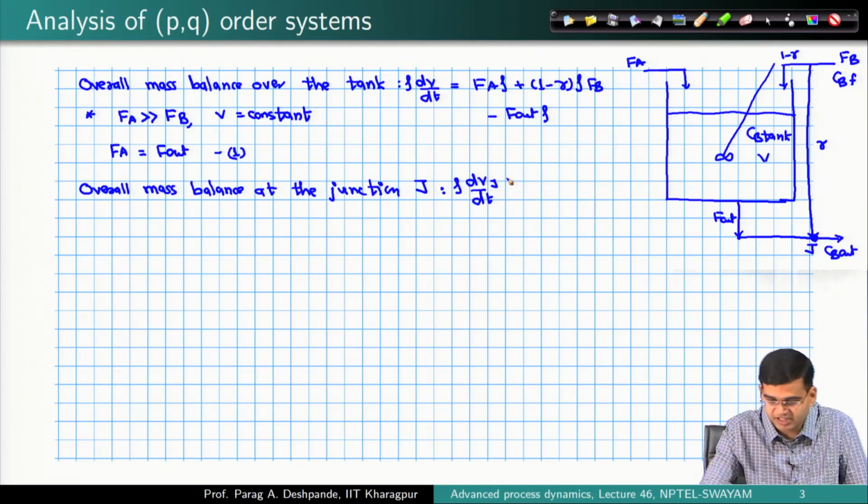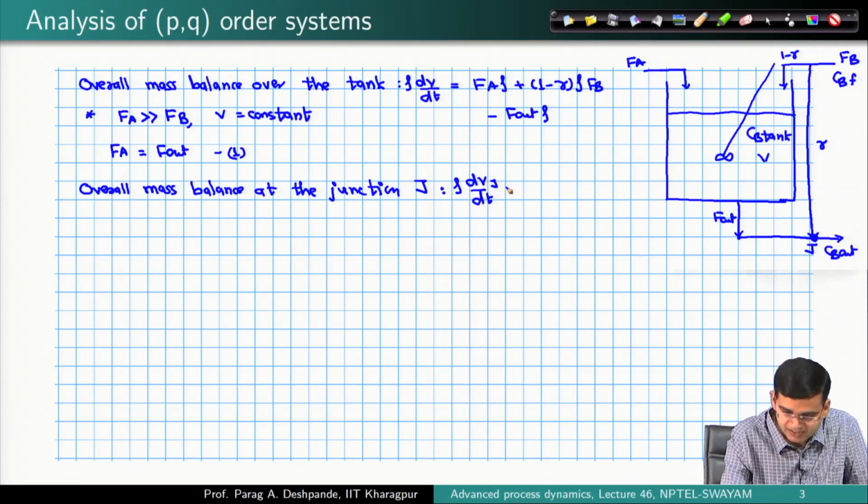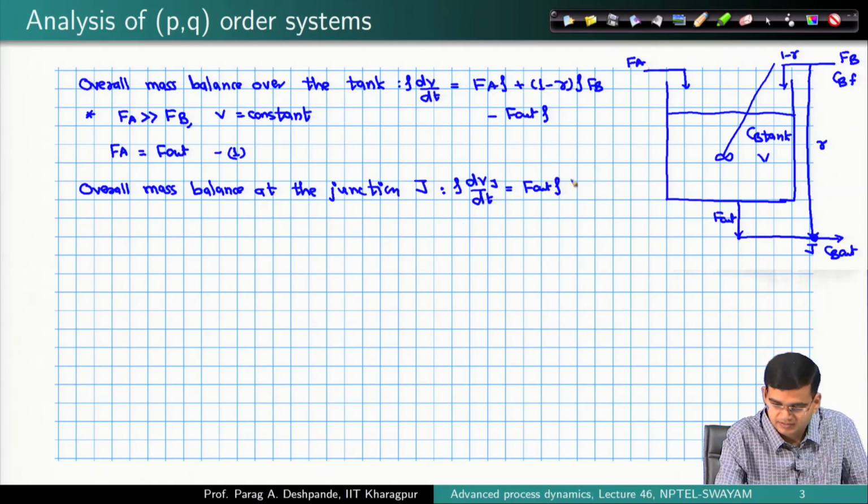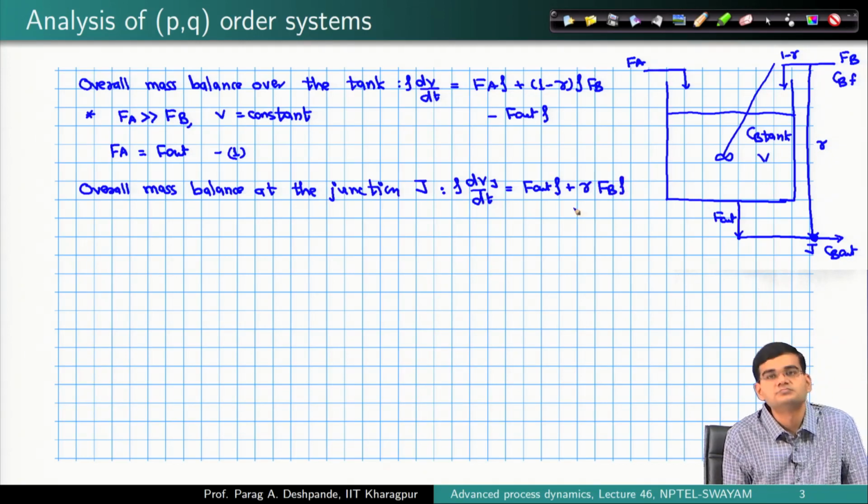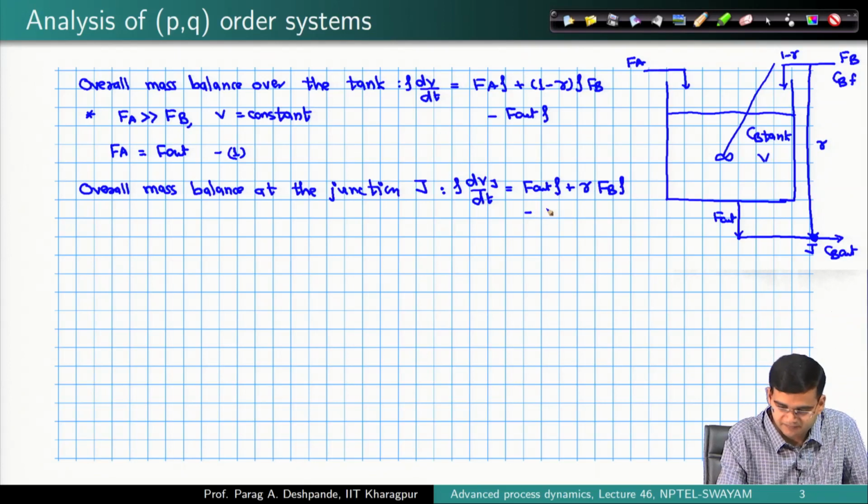So, this term will become equal to 0. This is equal to F out times rho plus R times F B rho minus rho F outlet.